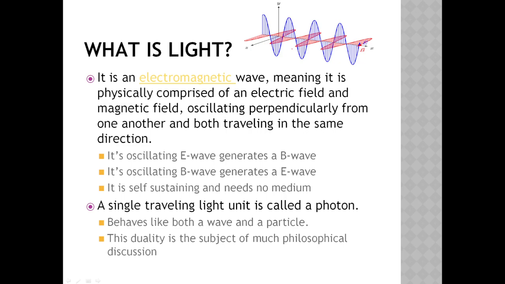Whereas Earth has this magnetic field, and since light is physically made out of electricity and magnetism, a strong enough magnetic field can interfere with its traveling and possibly deflect it. And that's what Earth's magnetic field does, and that's, again, one of the things that contributes to the auroras at the North and South Pole.